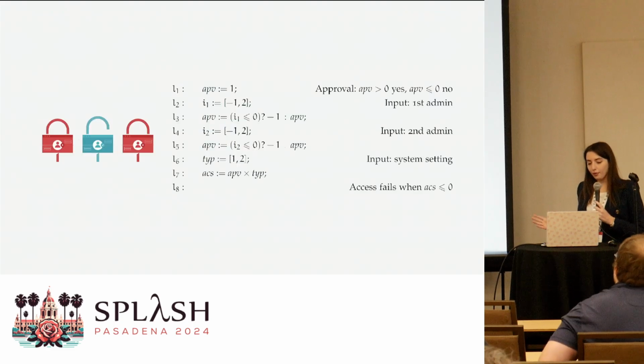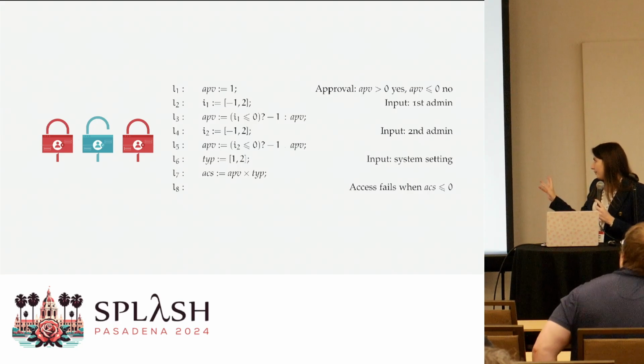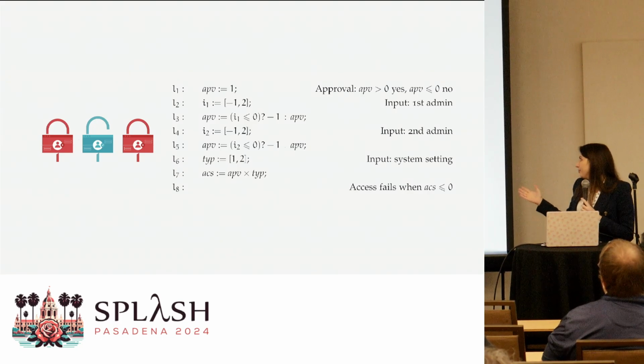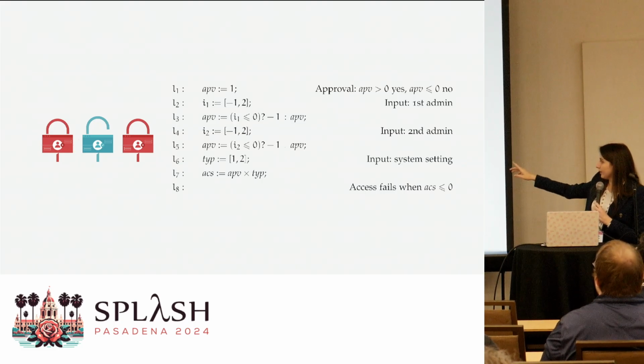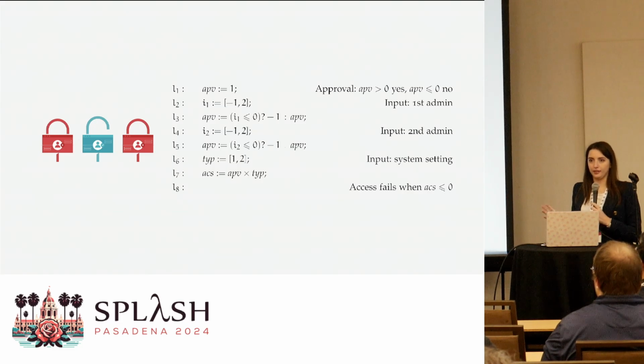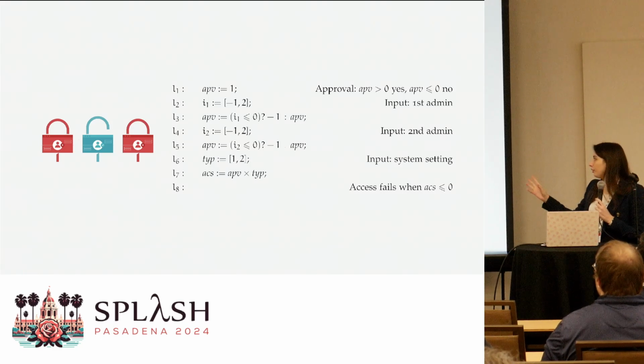To do so, we present this toy example, a simple access control where there are two admins, I1 and I2, two administrators that have complete free choice on choosing the inputs they assign to their variables. All the other variables are completely deterministic.